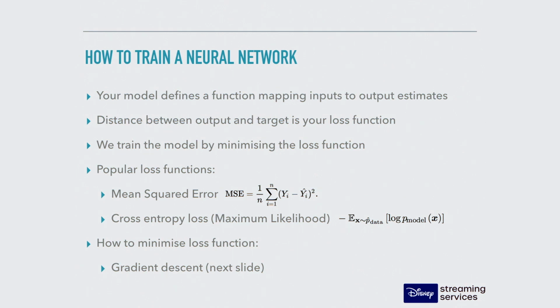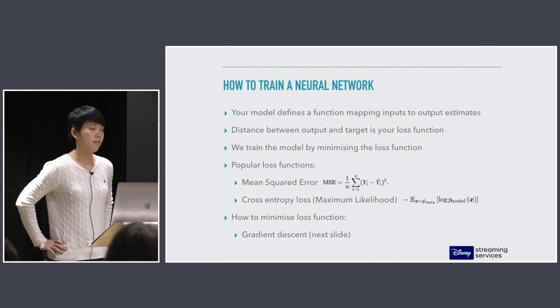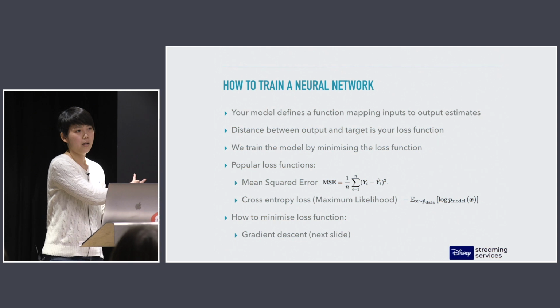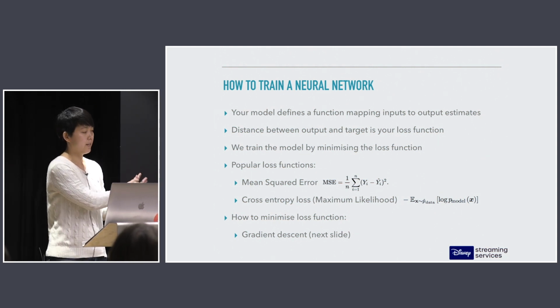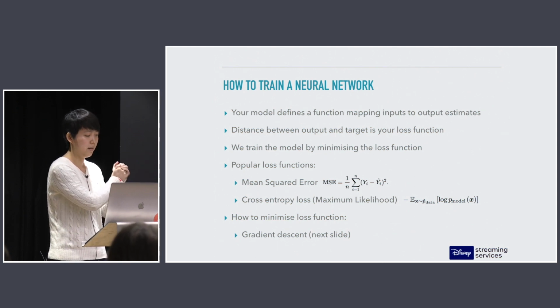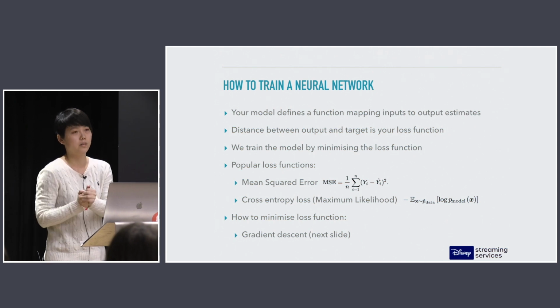And once you have the architecture, how do you make everything work? This is nothing different from all the other supervised learning training methods. Supervised learning means you have a training data set, and you know the correct answers for it. What you're trying to do is get your model to predict the answers as closely as possible.